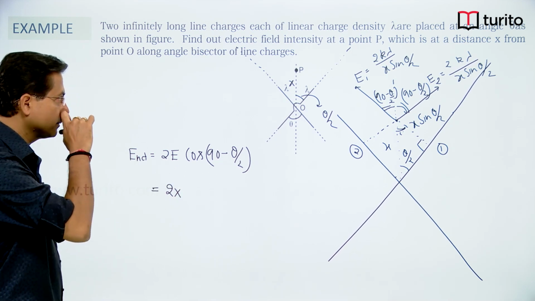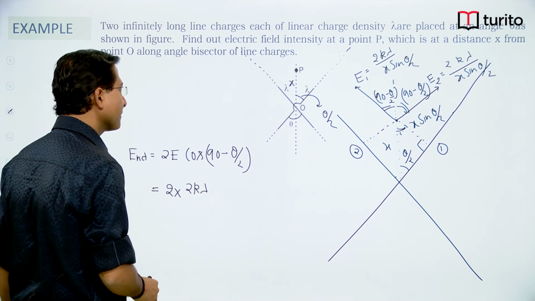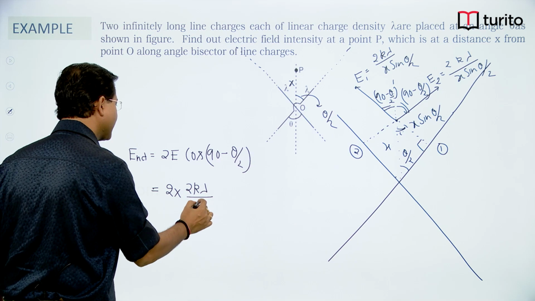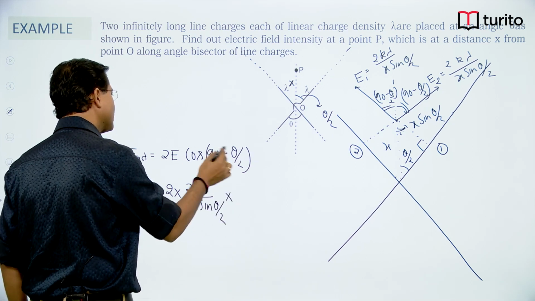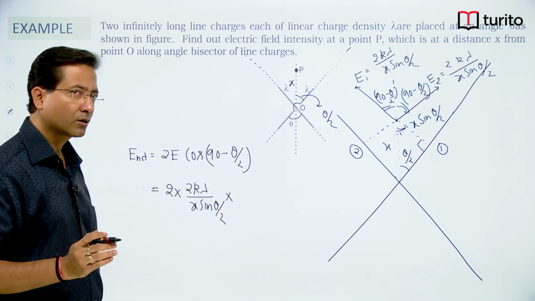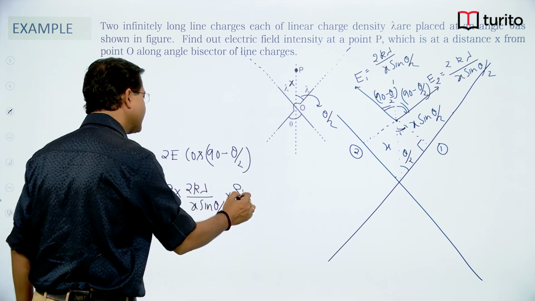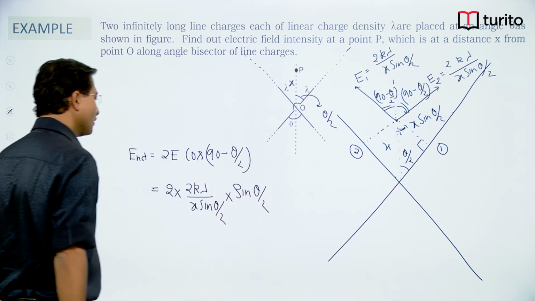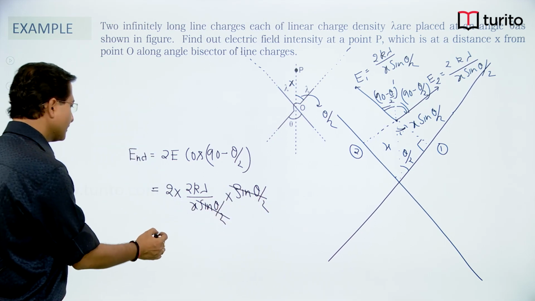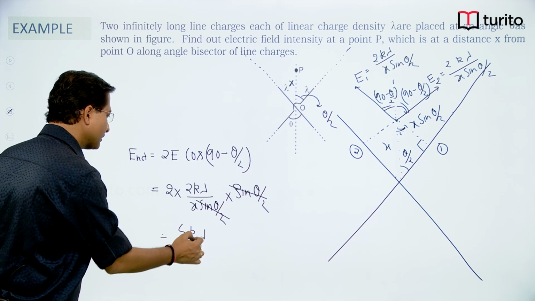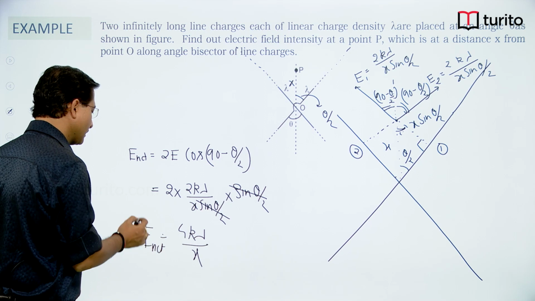And E we got as 2k lambda divided by x sin theta by 2, times cos 90 minus theta by 2, which is sin theta by 2. So this sin theta by 2 and this sin theta by 2 will get cancelled out, and here you will get 4k lambda divided by x, that is the net field.